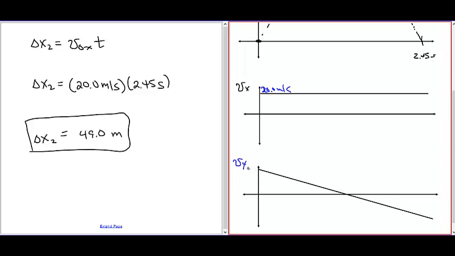So the initial velocity is 12 meters per second, and the final velocity is negative 12 meters per second. And the peak occurs where the velocity is 0, where it crosses the x-axis.